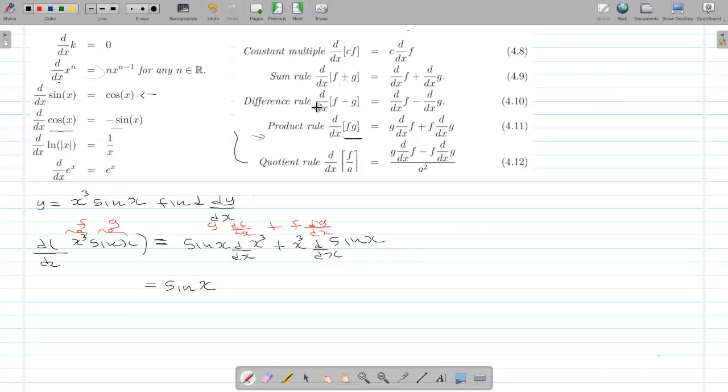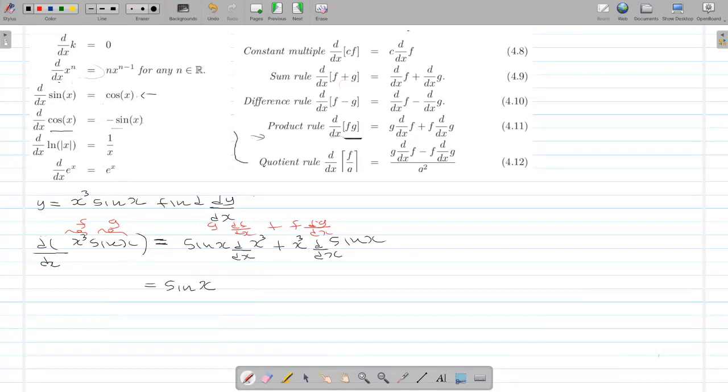Otherwise again I have to apply a rule. But if I look here, it's listed here, with this n rule.